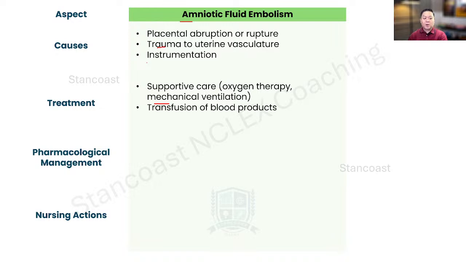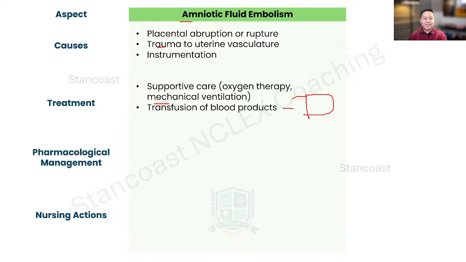Now, part of the care here is the transfusion of blood products, because possibly there is some issue with the patient's coagulation. This can also cause some disseminated intravascular coagulation.